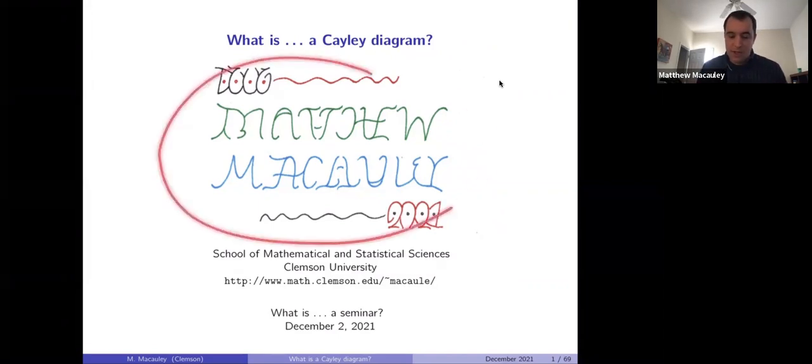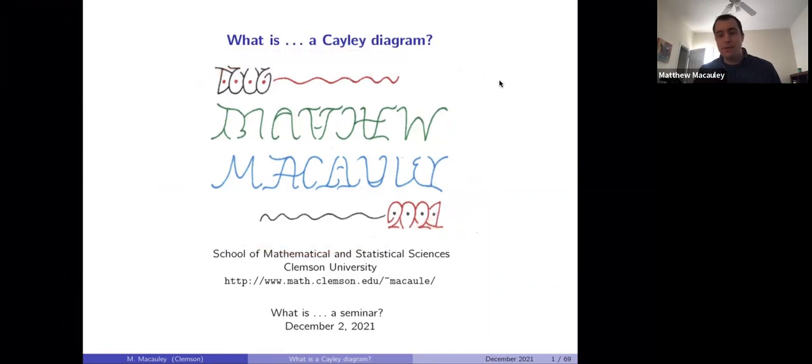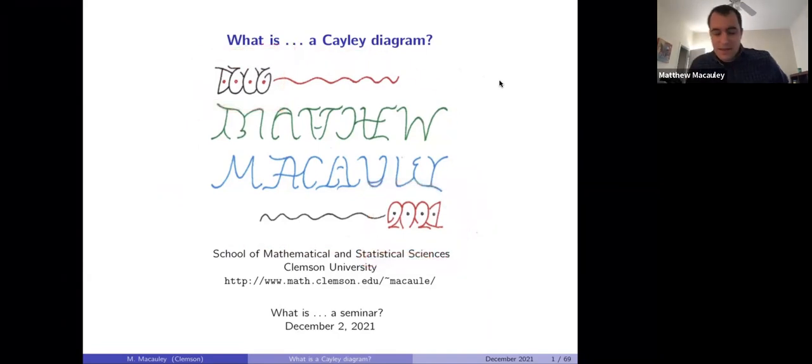So this ambigram Doug Hofstadter sent to me about a week and a half ago. If you turn it upside down, it's my name, and you can see he signed it with his name here. And if you turn that upside down, it's the year 2021. So this is something that has 180-degree symmetry, and symmetry is a big part of group theory. So I recognize actually a couple names.